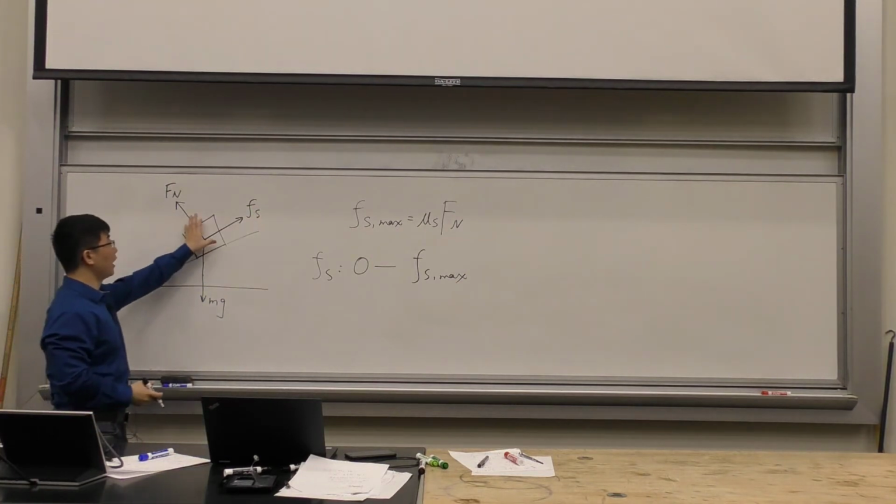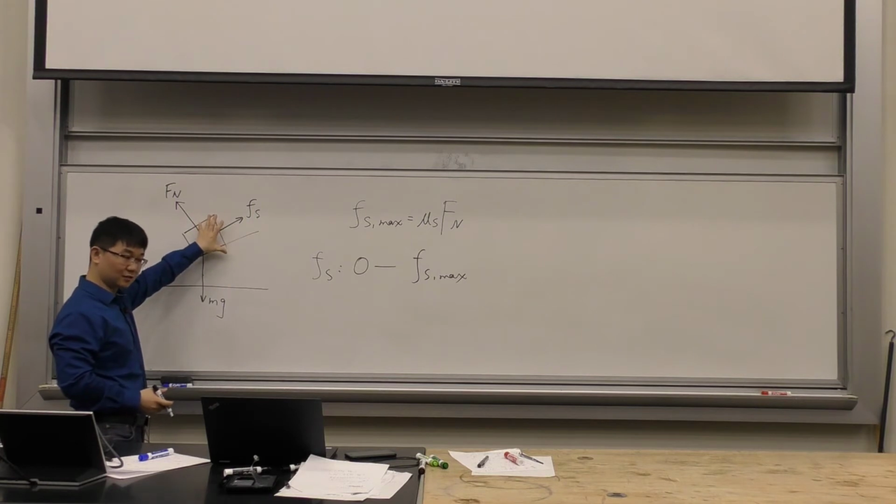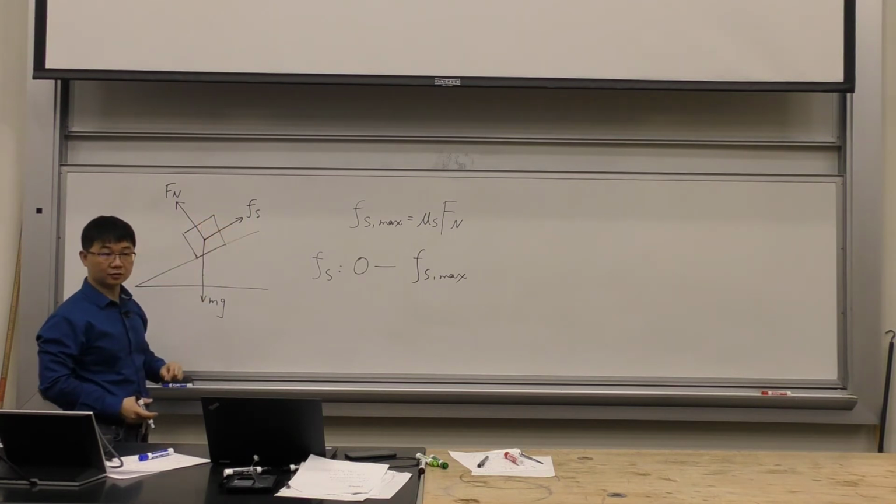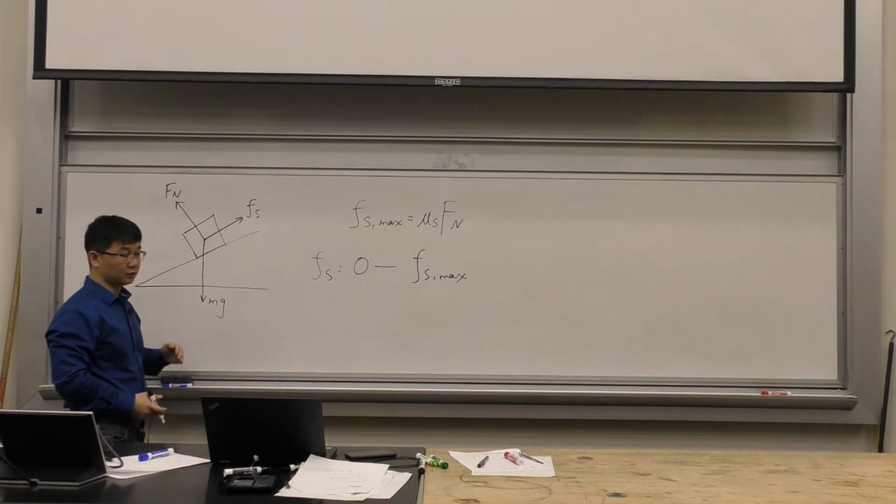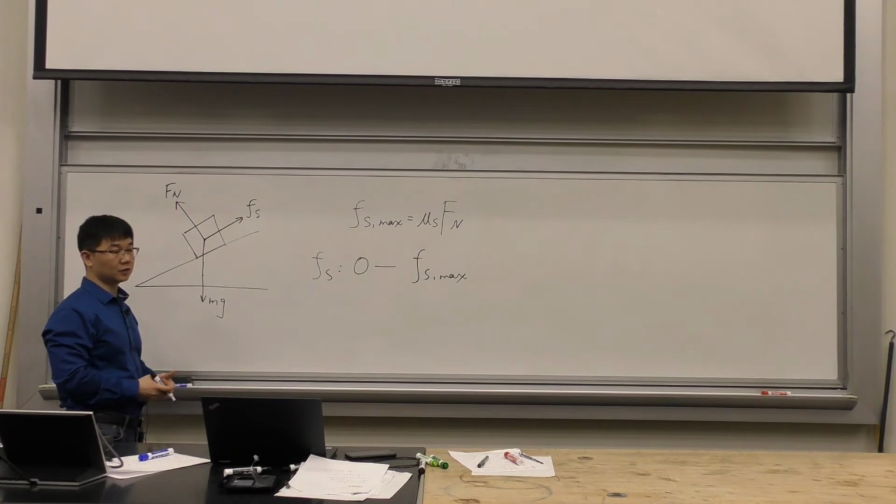These two, the normal force and static friction force, always pair up. They always come from the same surface. If something on the surface is supporting it, it has a normal force, and if the surface is not frictionless, there may be a friction force from the surface on this object if the object tries to move or is already moving.